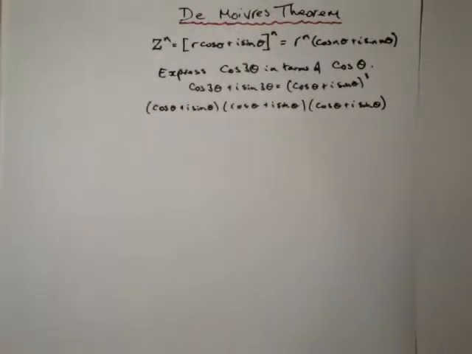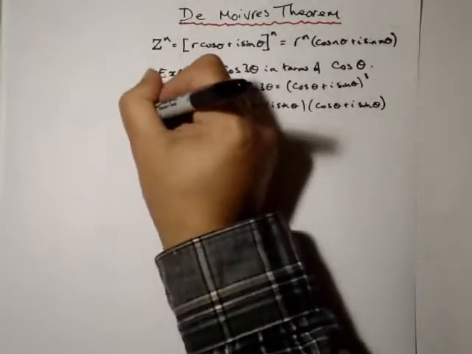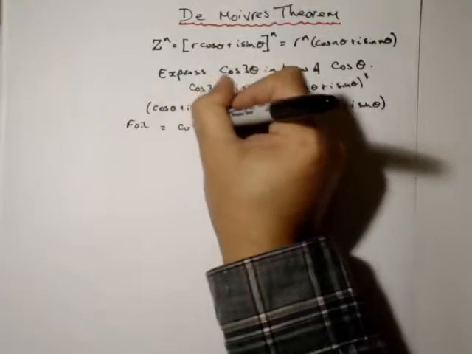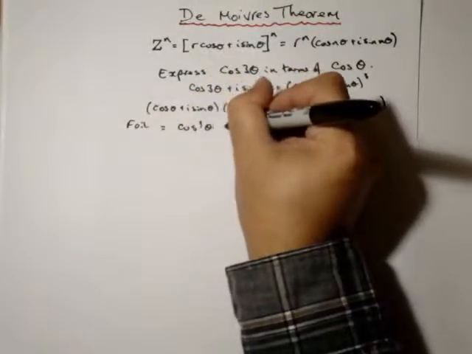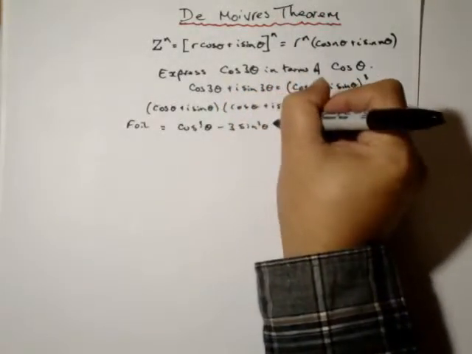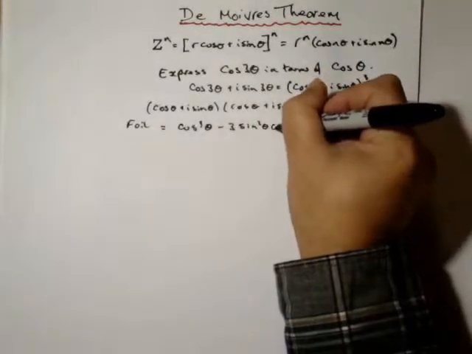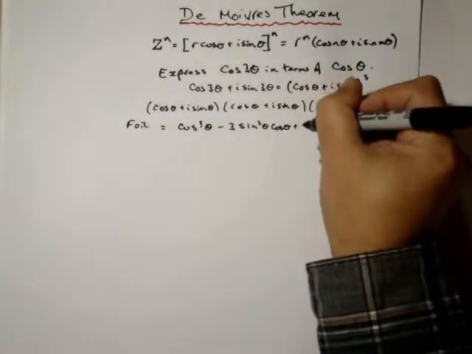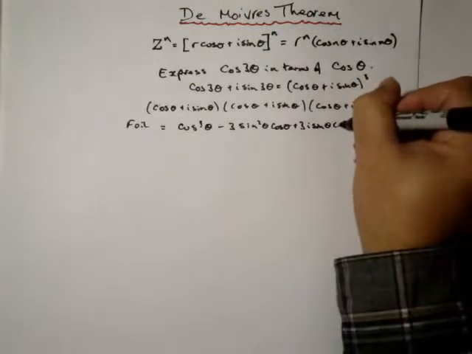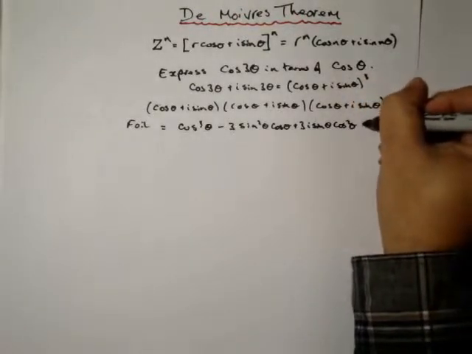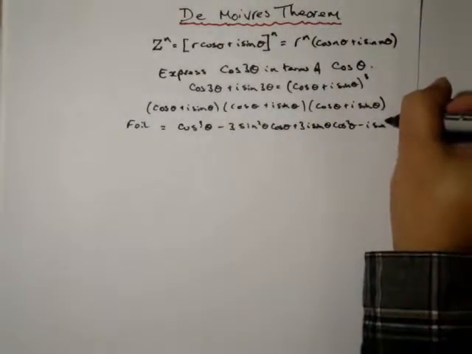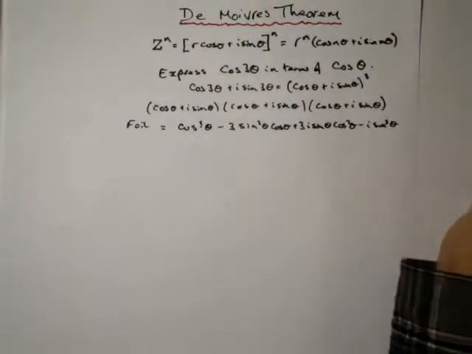Okay? When we FOIL that out, we get cos cubed theta minus 3 sine squared theta cos theta plus 3 i sine theta cos squared theta, and then finally minus i sine cubed theta.